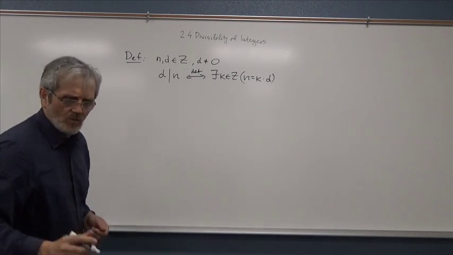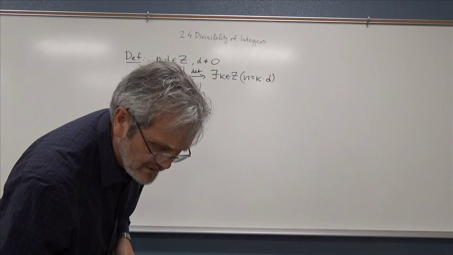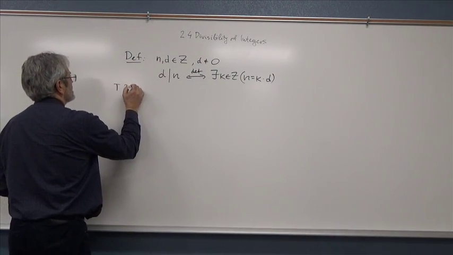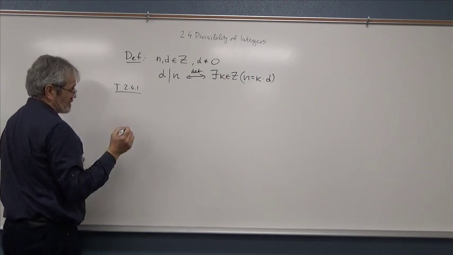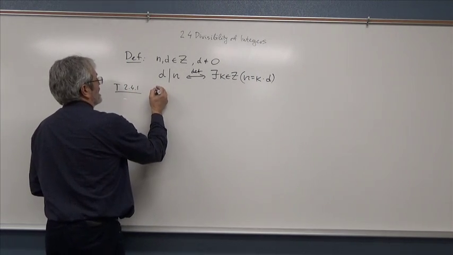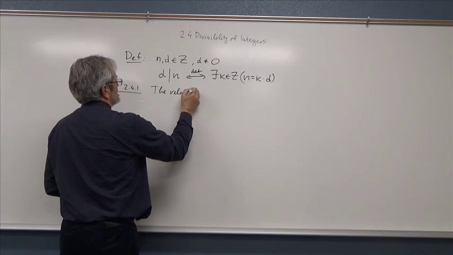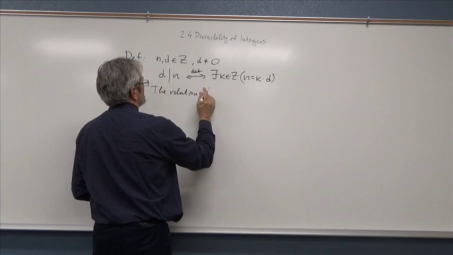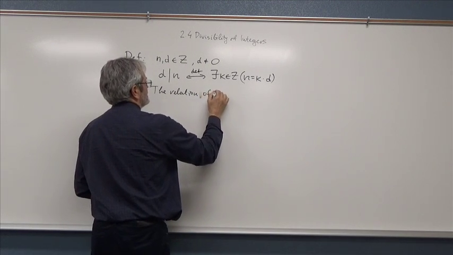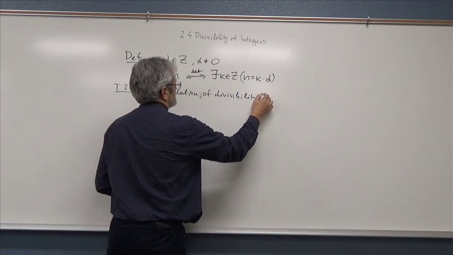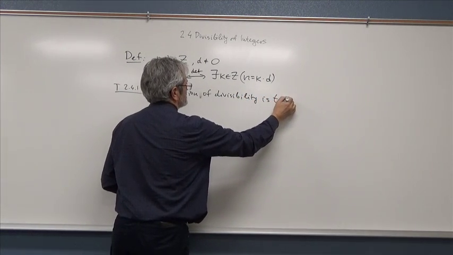So let's see one theorem, theorem 2.41. For example, we want to prove the following theorem: the relation, we'll talk about relations in chapter 6, the relation of divisibility is transitive.